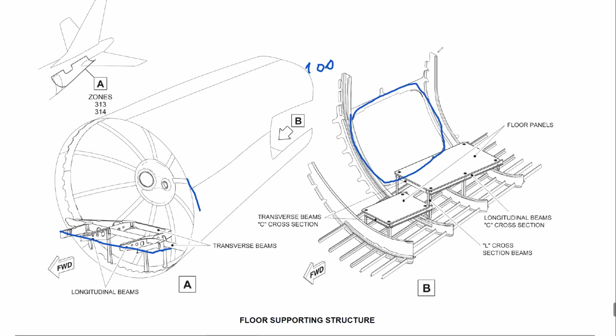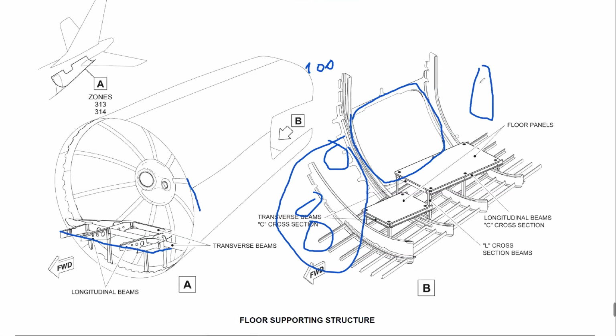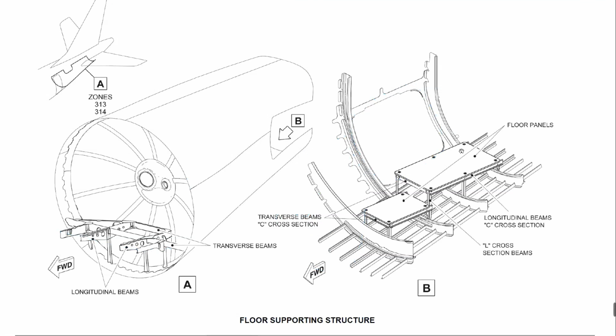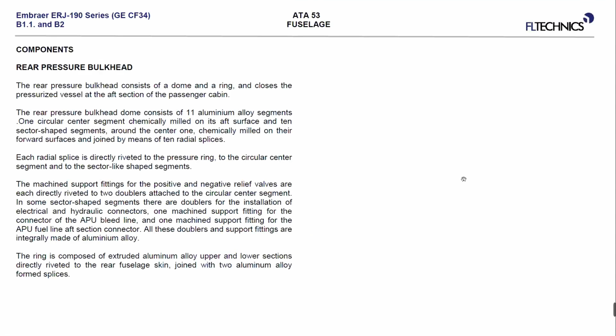Inside, you can find, you remember what is located here, forward from the door. We have hydraulic system 3 components. Okay, here behind we have our THS actuator, which is attached on the top to one of these special frames. This one, the special machined frames.